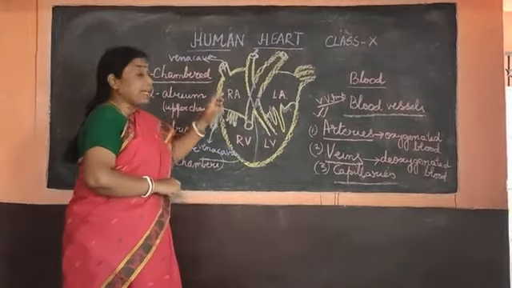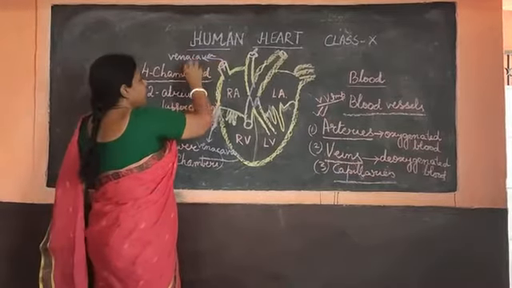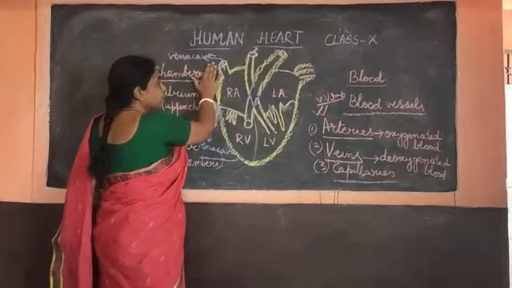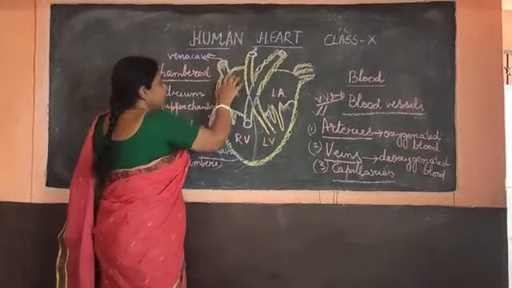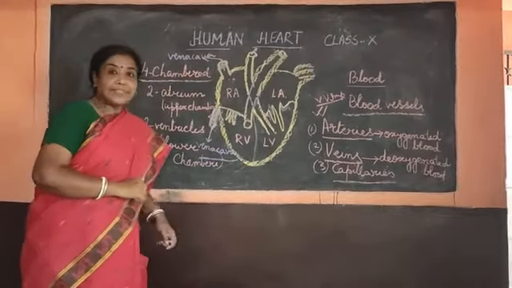So many veins cannot enter the heart. So all of them pour the deoxygenated blood into a larger vein which opens into the heart, and that is known as vena cava.